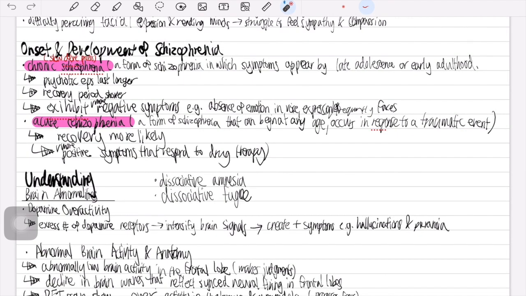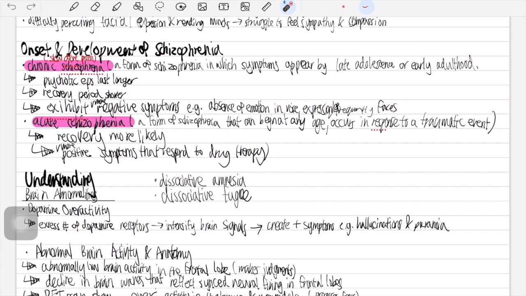Let's move on to the onset and development of schizophrenia. So there are two types of schizophrenia. One is chronic schizophrenia, which is a slow developing process. It is a form of schizophrenia in which symptoms appear by late adolescence or early adulthood, so usually around 17 years old.